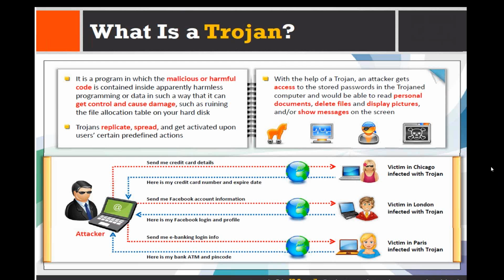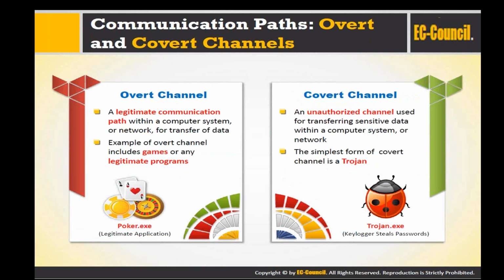Think about software which looks free, but has a virus inside. People do wrap it. Free MP3, which has a virus inside, or which reports information. What kind of information? This is totally up to the hacker. They can send credit card information, any kind of information. So how is this happening? Via channels. We've got two kinds of channels in my computer. One is the overt channel, two is the covert channel.